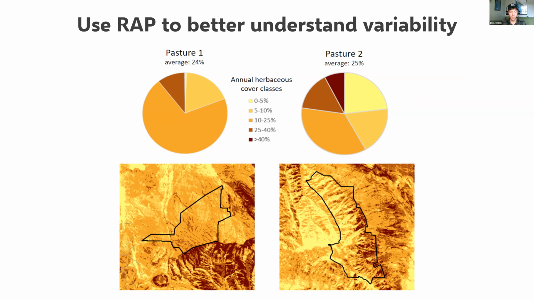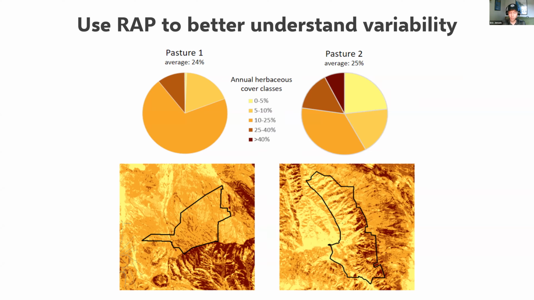But using a data set like RAP, you're able to see that, well, in reality, pasture one has a much more uniform or homogeneous distribution of annual herbaceous cover density, with moderate annual herbaceous densities.